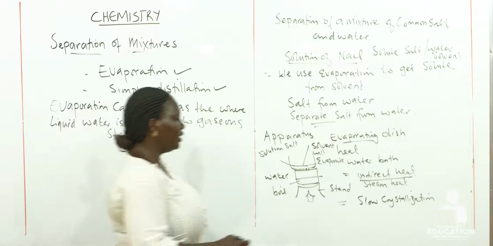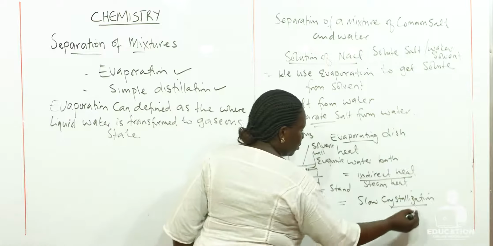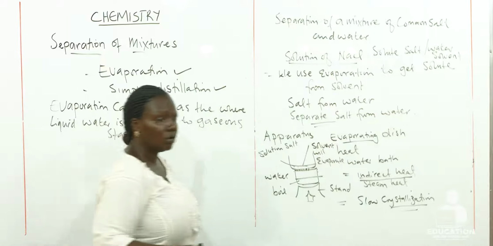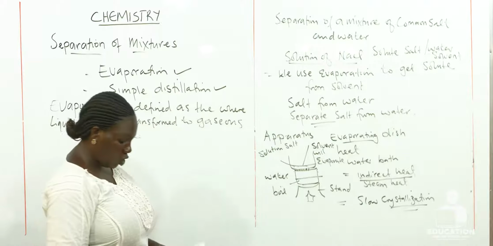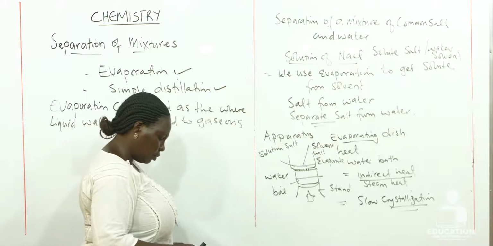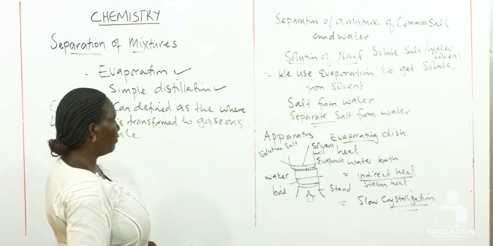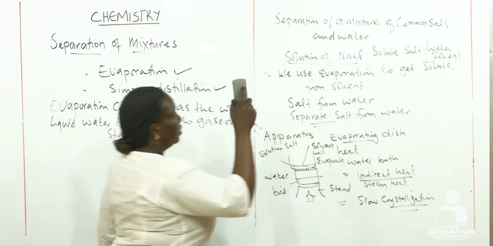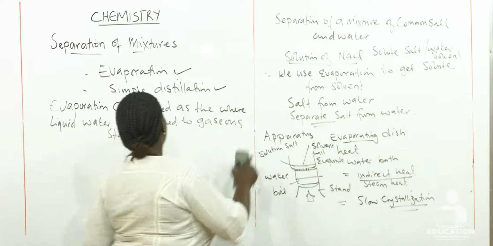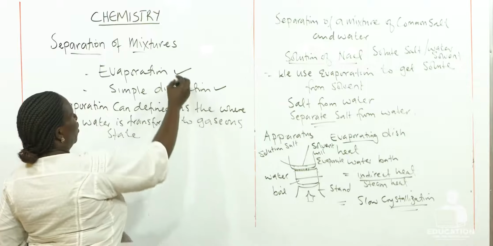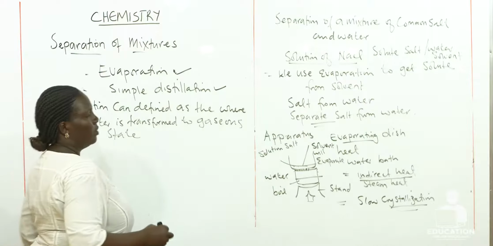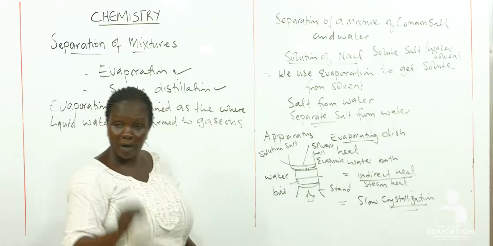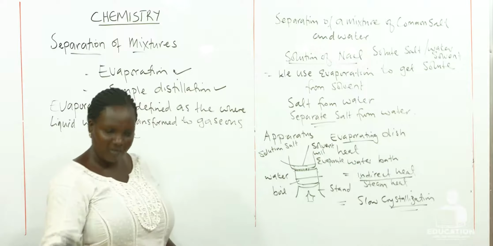So we heat it indirectly in order for the salt to crystallize slowly, so that we don't have overheating. So this is the first method of separation, that is separation of solute from solvent.